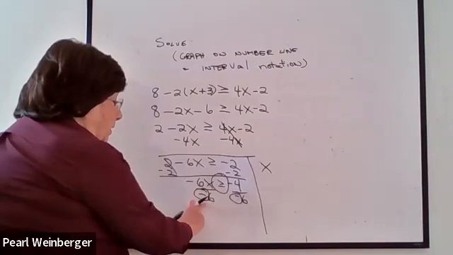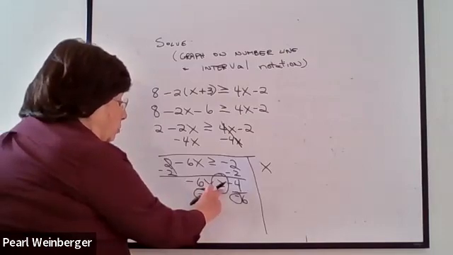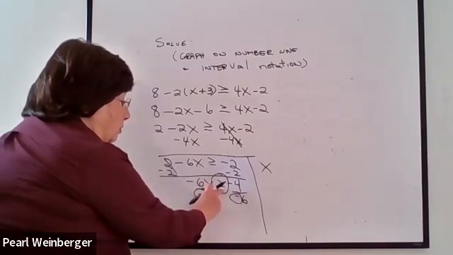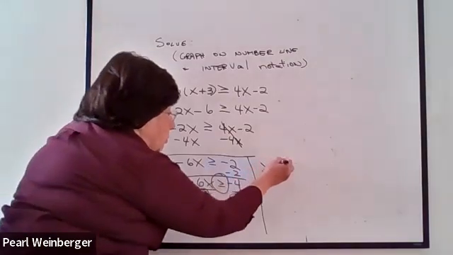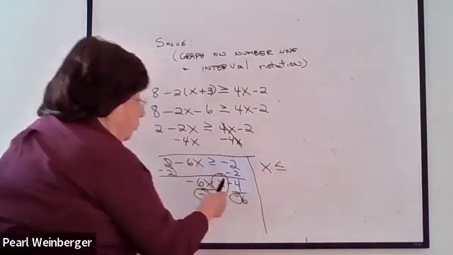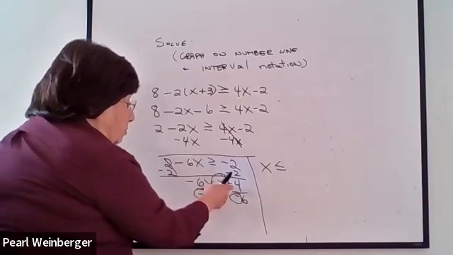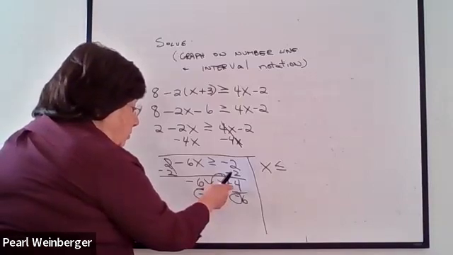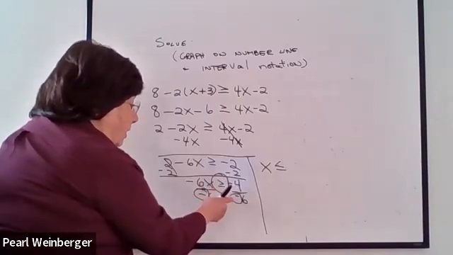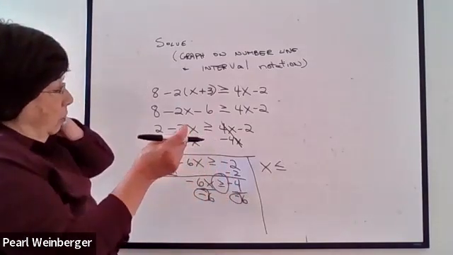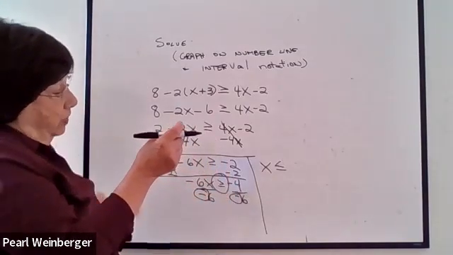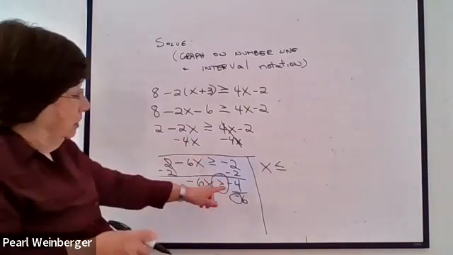Since we divided by -6, we're going to change this greater than or equal to a less than or equal to. And then I have to do this last thing, -4 divided by -6. Well, a negative divided by a negative is positive.